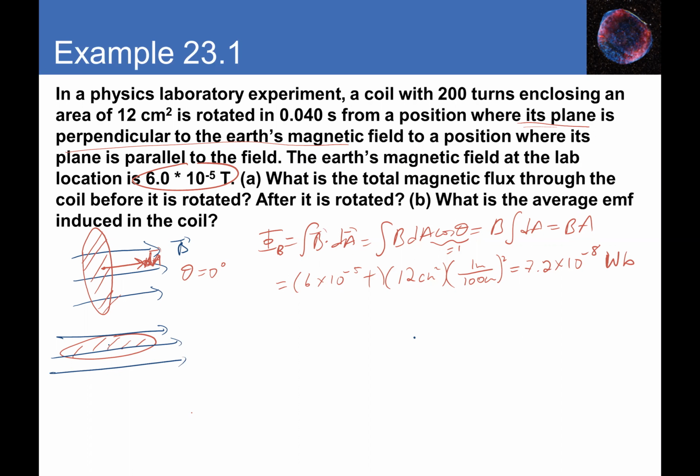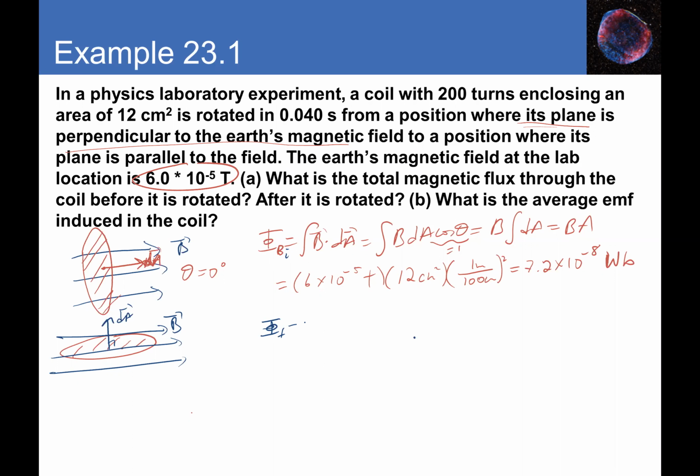Now my dA is pointing in this direction. Remember, dA is always perpendicular to the surface. That's my dA, that's my B. This was my initial, and this will be my final flux.